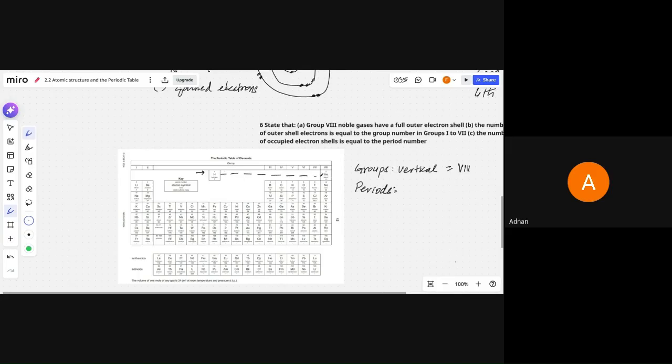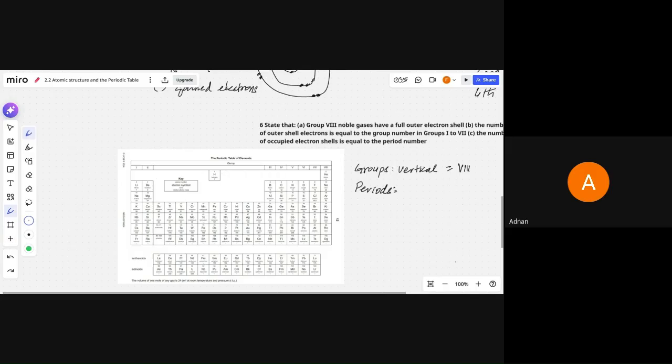Period 2 starts from lithium, then beryllium, boron, carbon, nitrogen, and neon. Period 3 contains sodium, magnesium, aluminum, silicon, phosphorus, sulfur, chlorine, and argon. So we have 7 periods in the periodic table and 8 groups.